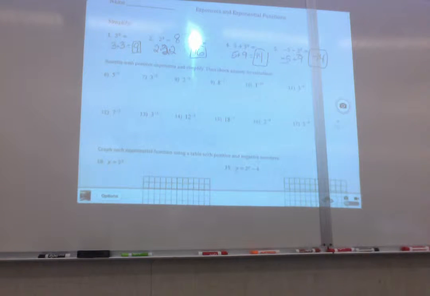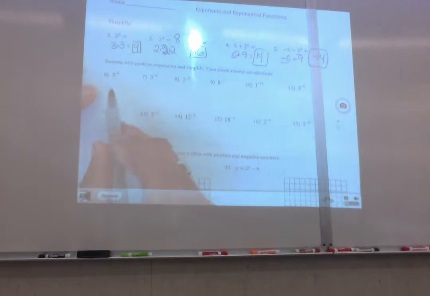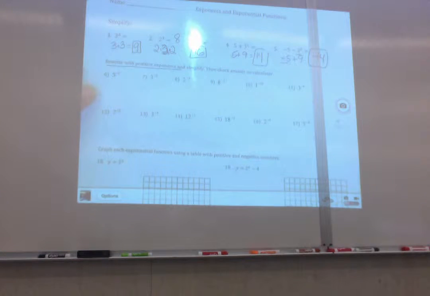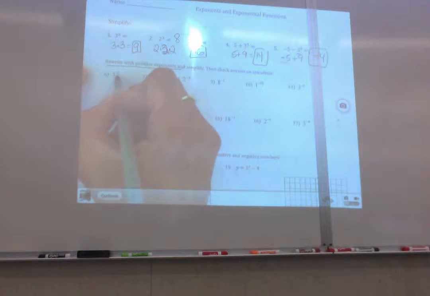All right. Now, what it tells us to do is rewrite as positive exponents. The way that you rewrite this as a positive exponent, a negative exponent means move it to the other side of a fraction.